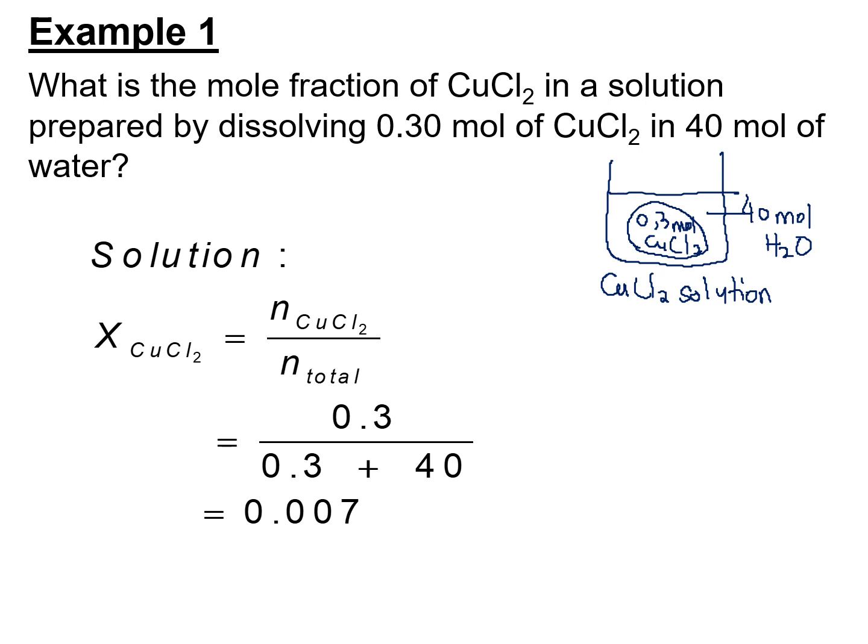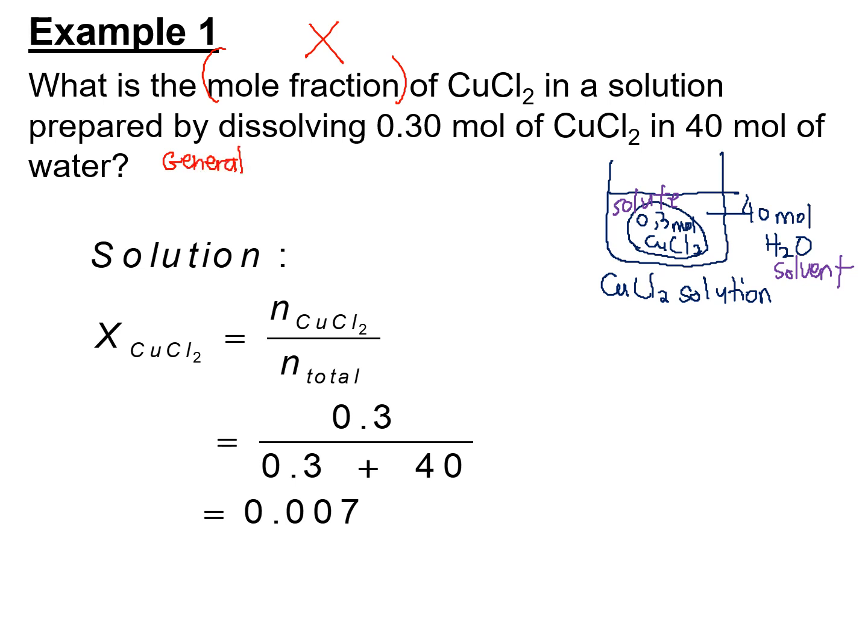Sebab CuCl2 ni adalah solute. Water ni pula adalah solvent ya. Okay, soalan nak mole fraction. Simbol untuk mole fraction adalah X besar. Tadi kita tengok general formula untuk mole fraction.